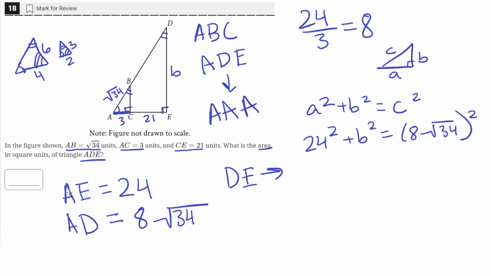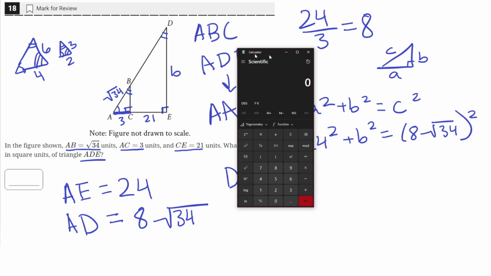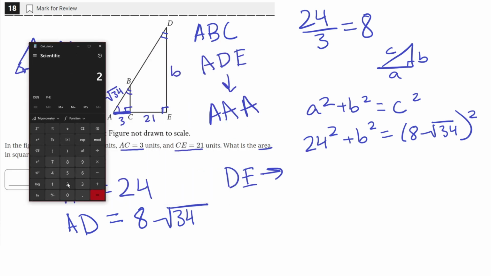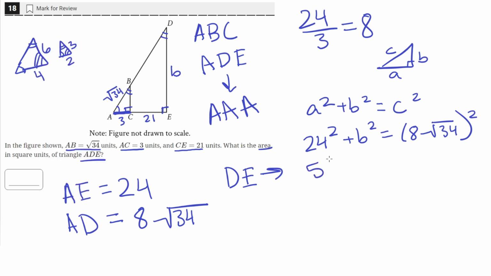So b is going to be, small b is going to be this side here. Okay, so now let's simplify this using our calculator. 24 squared is 576, plus b squared. And then we know that 8 squared is 64.